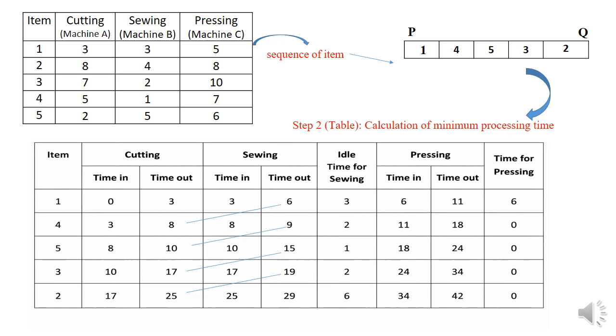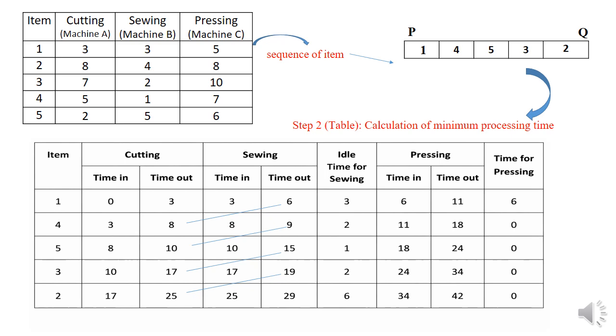Now the next item 5. Time in of item 5 in cutting machine is 8 hours, because cutting machine was free from 8 hours. Time out of cutting machine is 10, that means time in plus processing time of item 5 in cutting machine. The time in of item 5 in sewing machine is 10, though the time out of the previous work in sewing machine was 9.